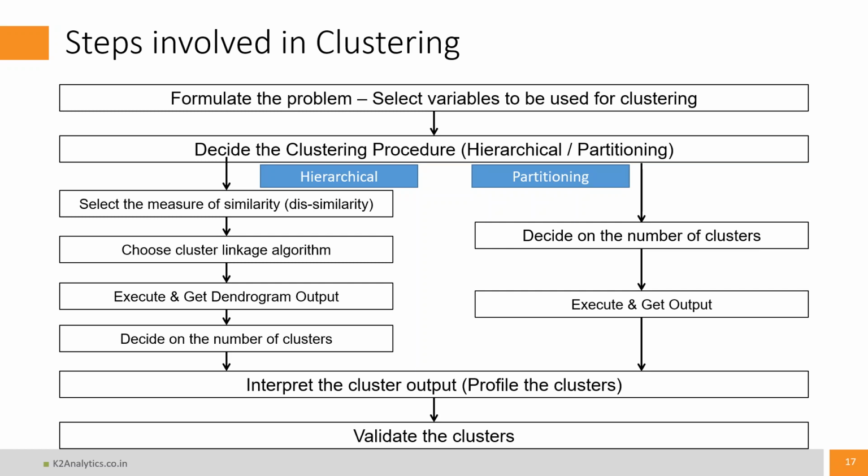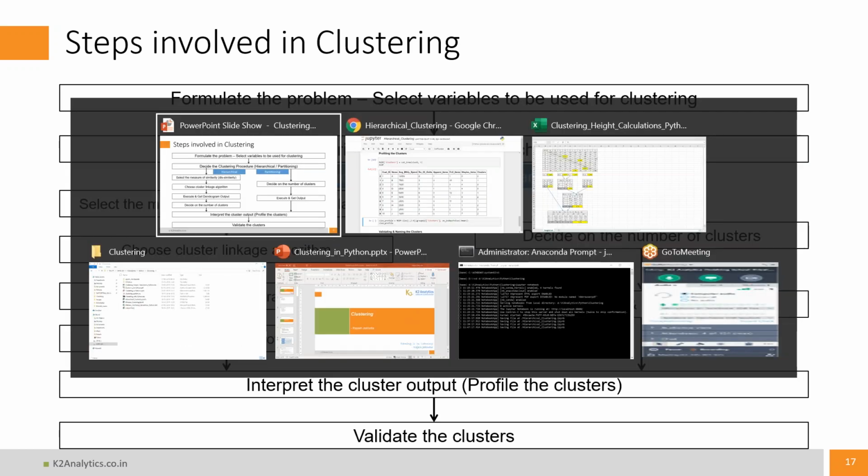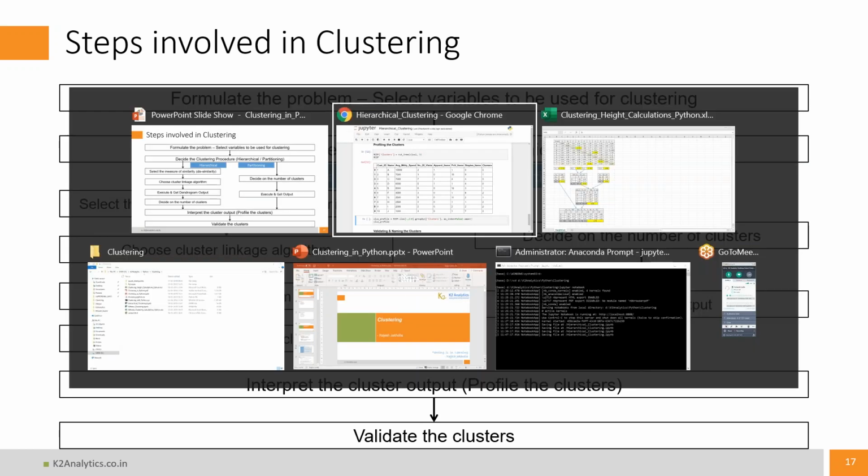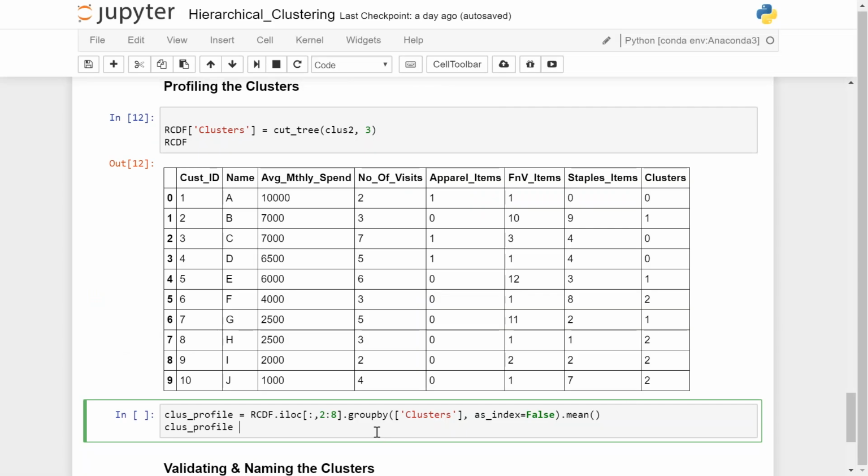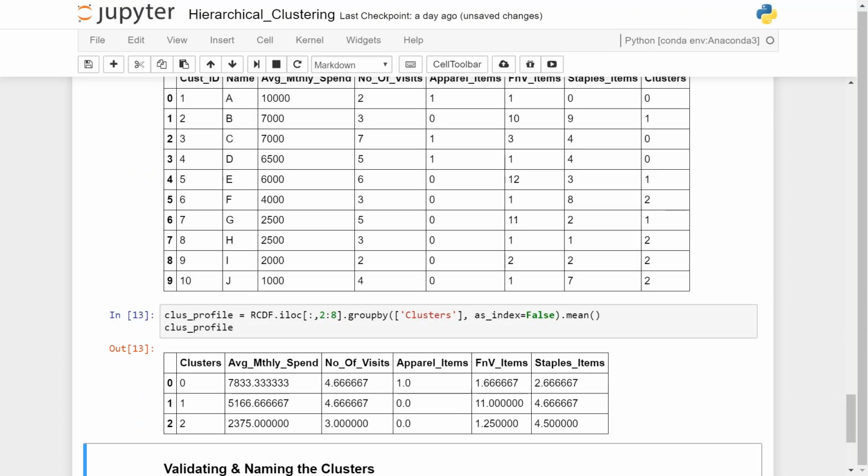Here in our case, because the variables we are working with are all numerical, when I run the code, I'll simply do group by cluster. At a cluster level, I am doing the profiling and I want to take the mean of all the attributes. So I run this piece of code and get the cluster profile.